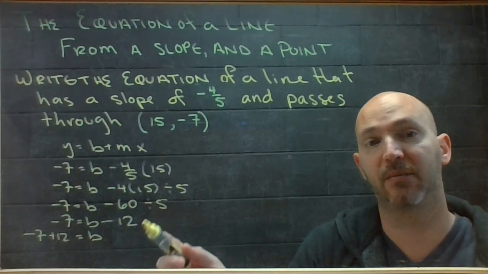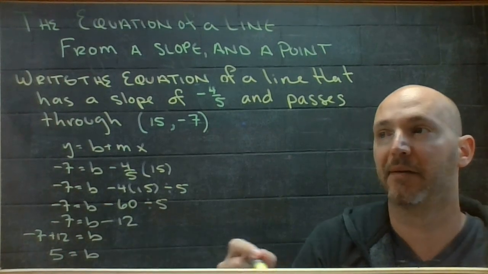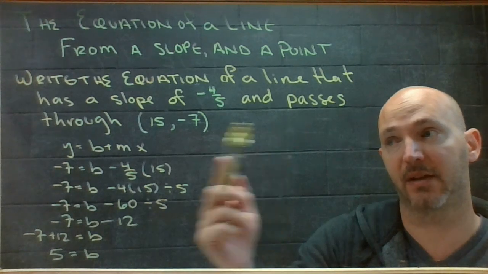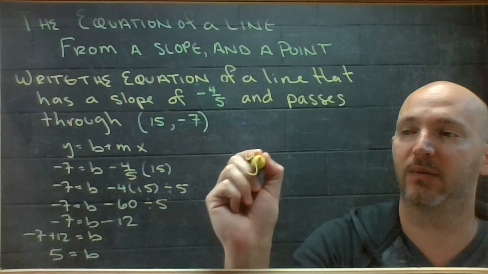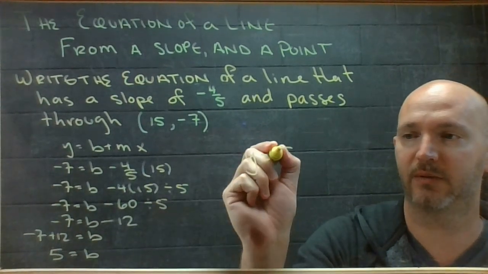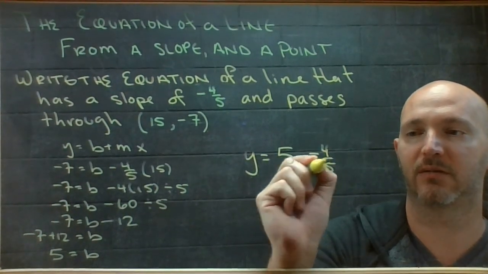And -7 plus 12 gives you +5. So the equation of a line that has a slope of -4/5 and passes through 15, -7 would be y equals 5 minus 4/5 of x.